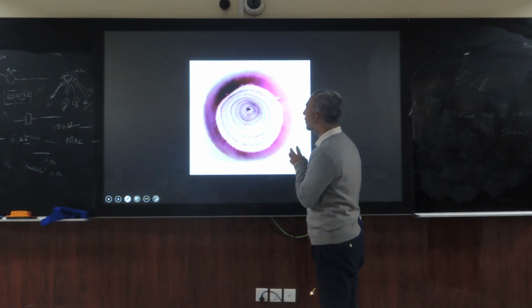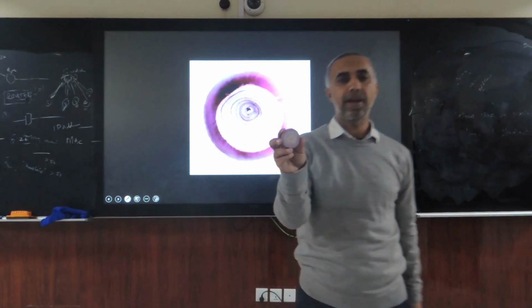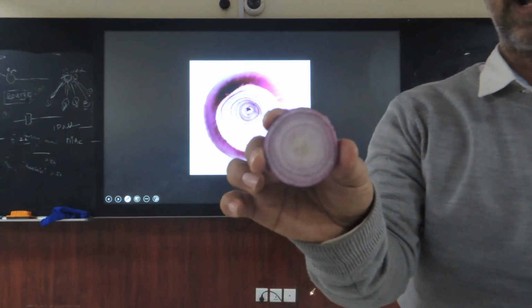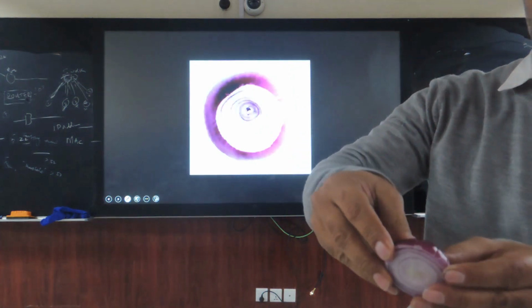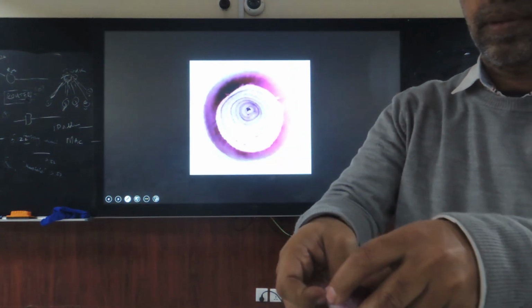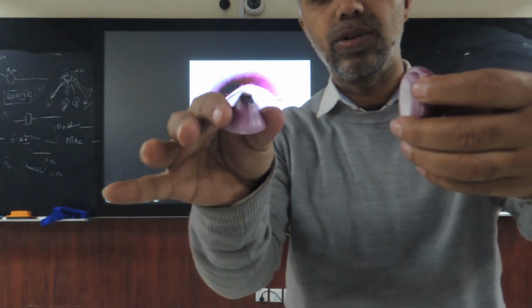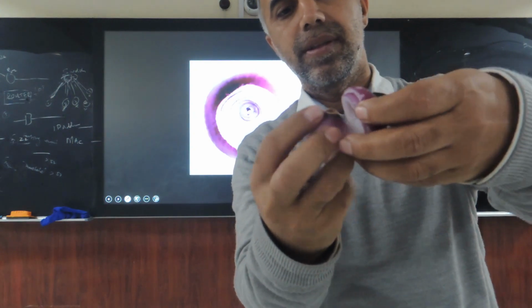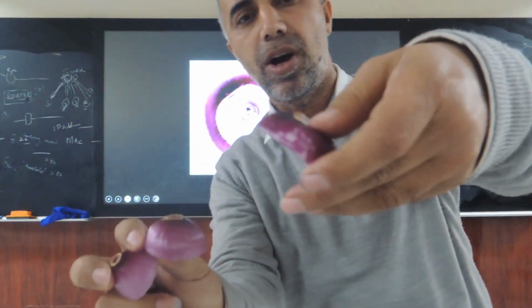This onion is composed of too many shells on one another. See, if I cut the onion, we can see that there are too many shells on one another. This is the inner part, the outer shell, the more outer shell.